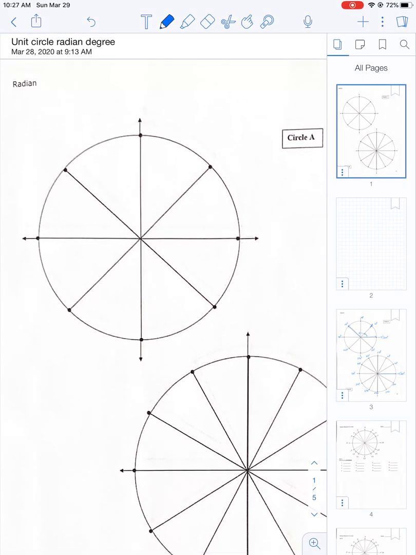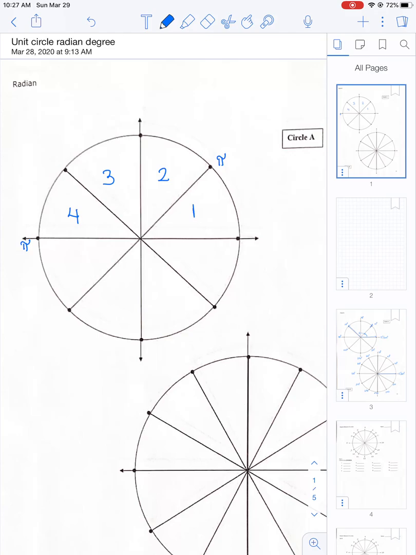So we're going to start by just thinking of a unit circle really as slices of pie, in which pi is half of a revolution of a circle. So if we think about this as pi here, and we look at this as fractional values, we have 1 pi over 4, or a fourth of pi here, 2 pi over 4 here, 3 pi over 4 here, and 4 slices of pie to get to pi.